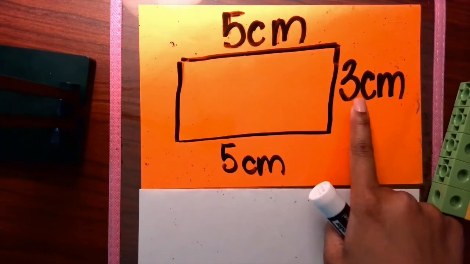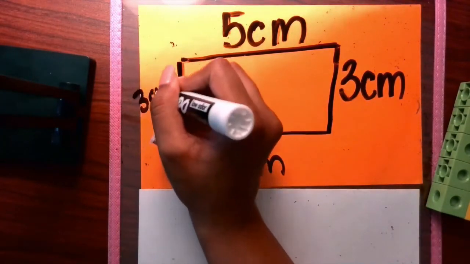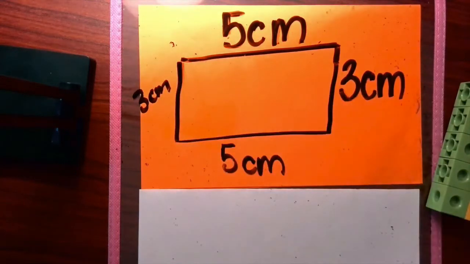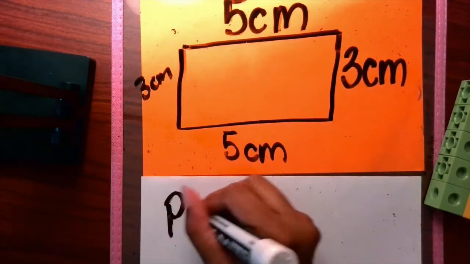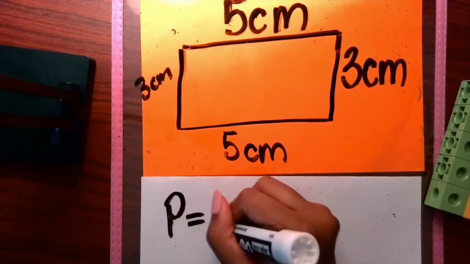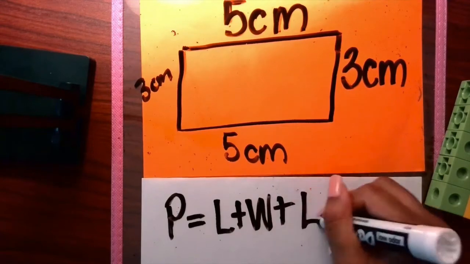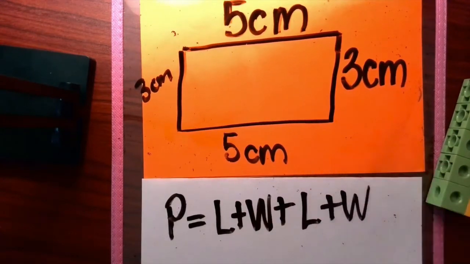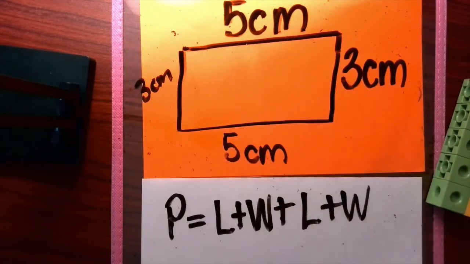If this side is 3 centimeters, I know that this side is going to be 3 centimeters. Now, if I want to figure out the perimeter, there are a few different formulas that I can use. One is perimeter equals length plus width plus length plus width, meaning I could add 5 plus 3 plus 5 plus 3.